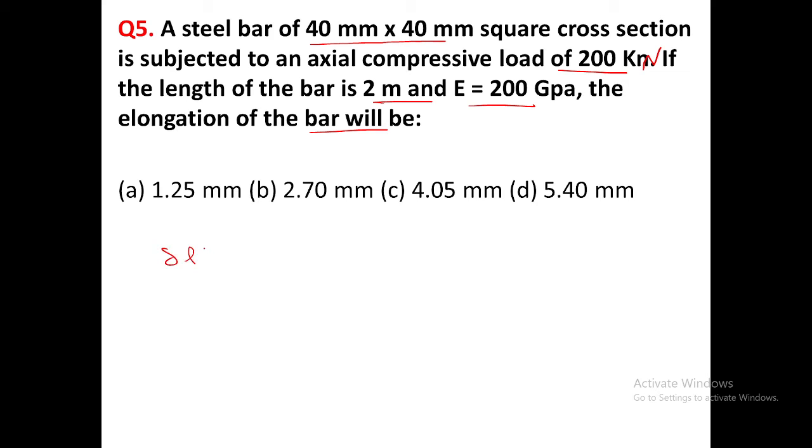So the elongation formula is del L equals PL divided by AE. P equals 200 kN, the length of the bar is 2 meters, so 1000 into 2. The cross section area A is 0.04 into 0.04.